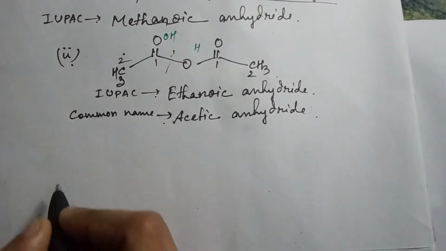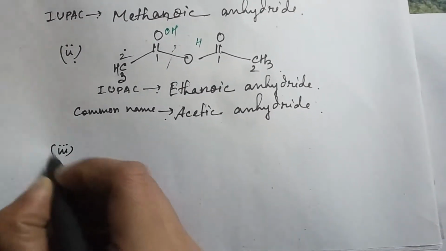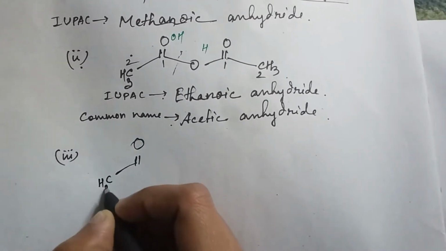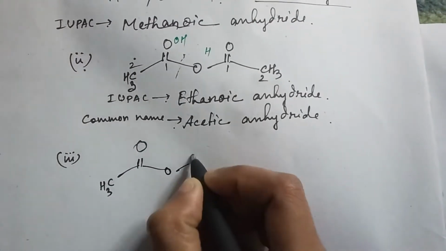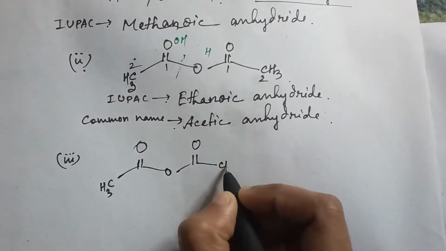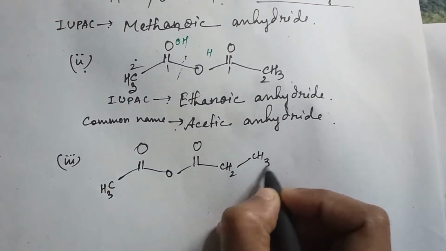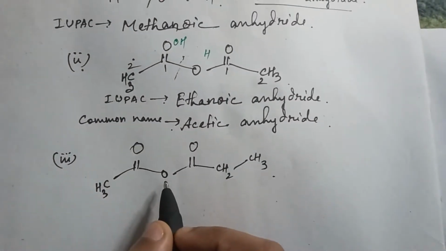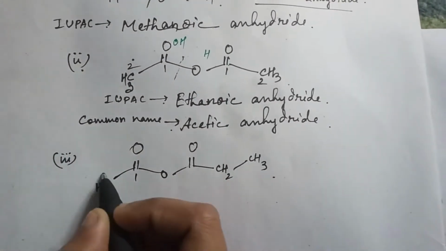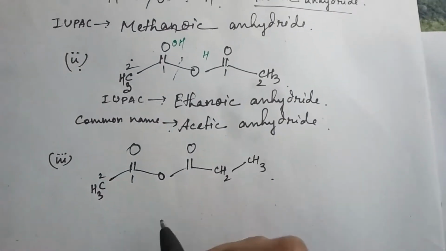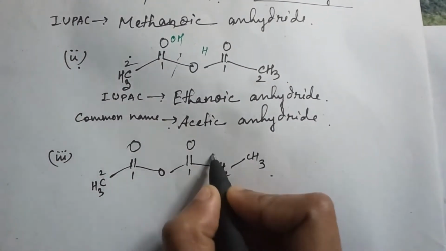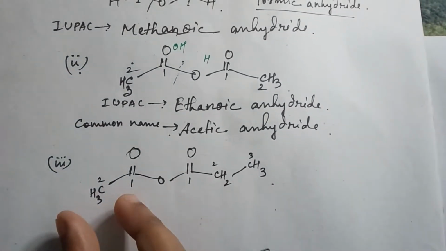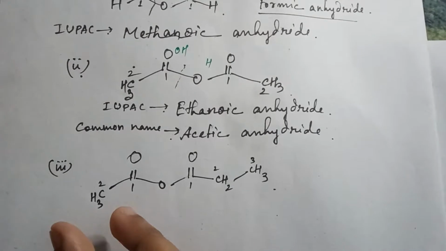Now take another example. CH3COOCH2CH3. Okay. Now you just see this is the oxygen atom. And on one side 1, 2, 2 carbon atoms are present, and on the other side 1, 2, 3, 3 carbon atoms are present. So for 2 carbon atoms we know ethane.